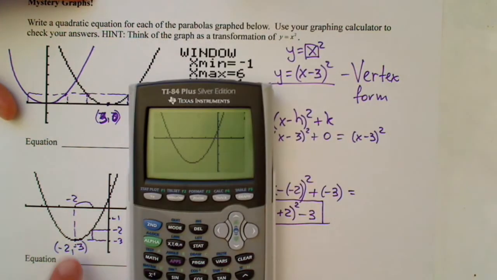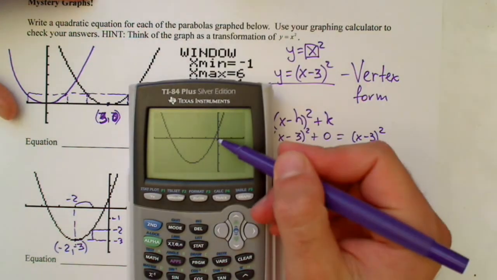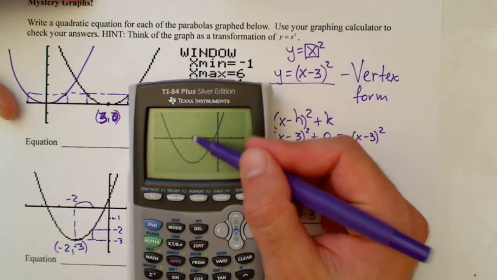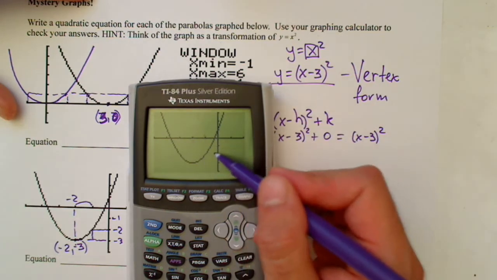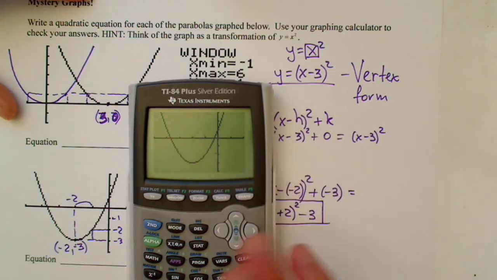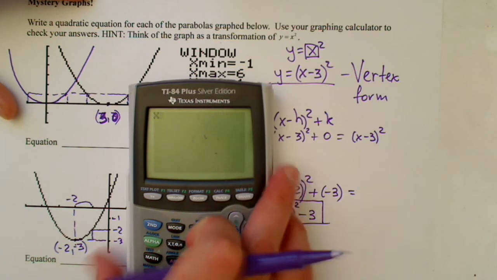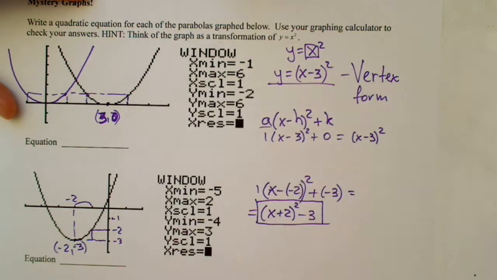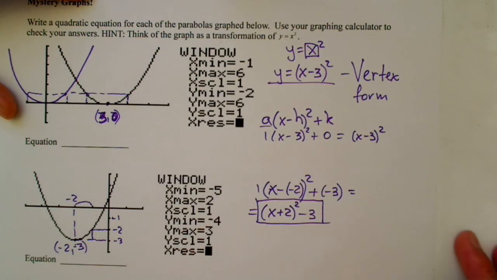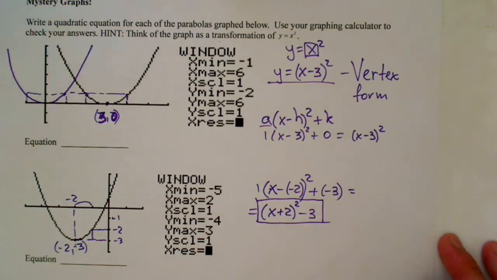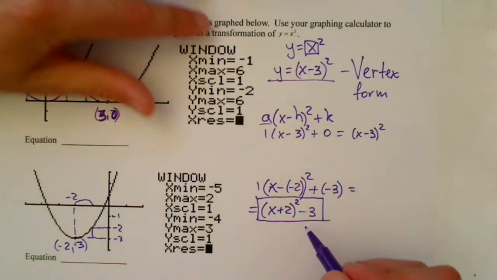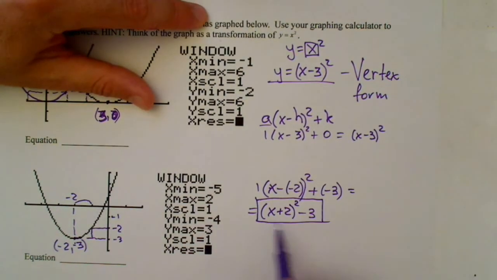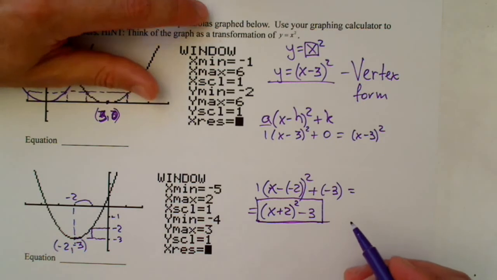And it is the same graph. Moved left 1, 2 units, moved down 1, 2, 3. Actually, I forgot to tell you that to change to general form, you just have to simplify this expression. It will be the general form of the quadratic equation.